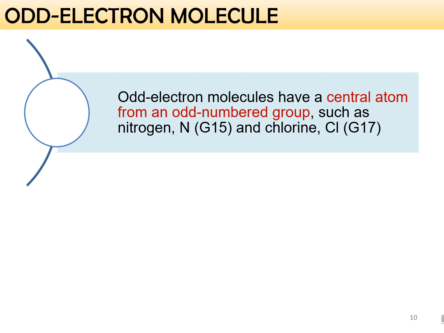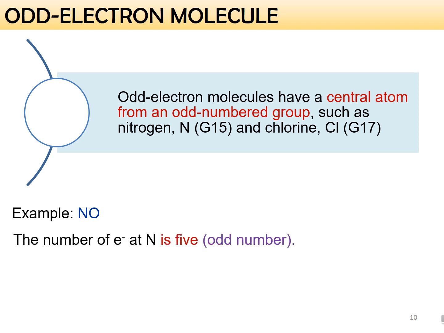Odd electron molecules occur when a central atom is from an odd number group, such as nitrogen, located at group 15, and chlorine, located at group 17. Example, molecules such as nitrogen monoxide with an odd number of electrons, which is 5 electrons.